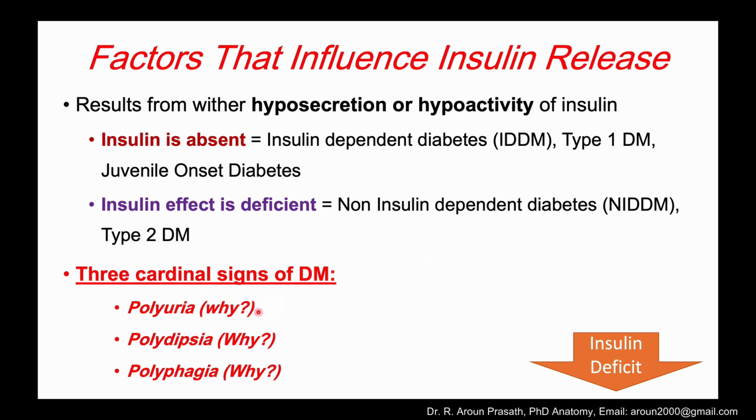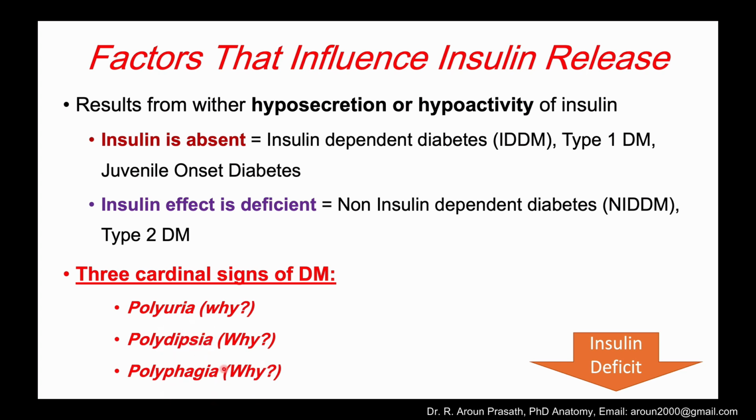Okay, so in case the blood sugar level increases, what happens? There is increased urine output, polyuria, because the renal nephron membrane permeability will increase and it will not absorb the water back. Then polydipsia, because of loss of more water in the urine, the patient will have to drink more water.